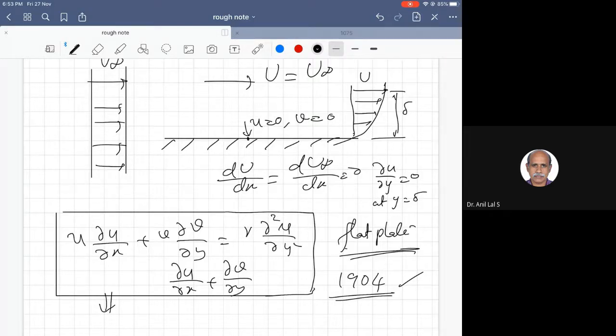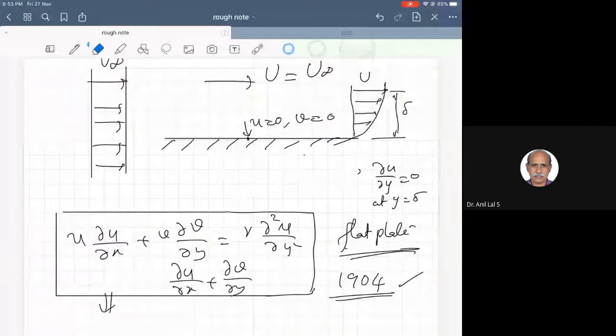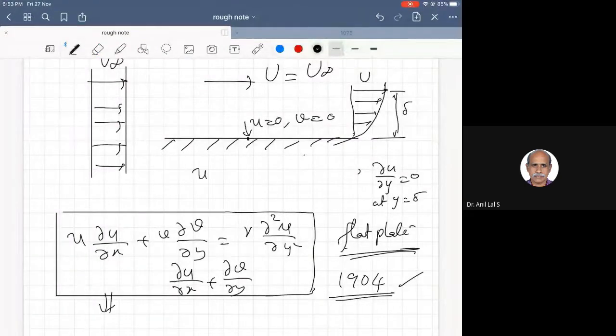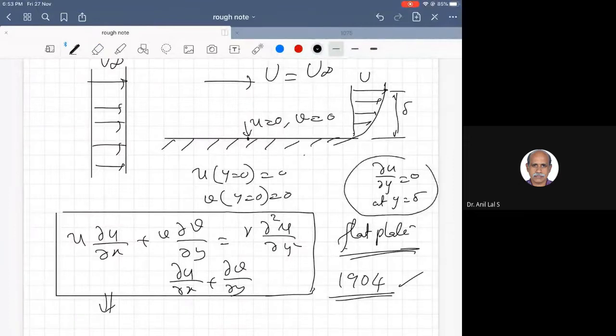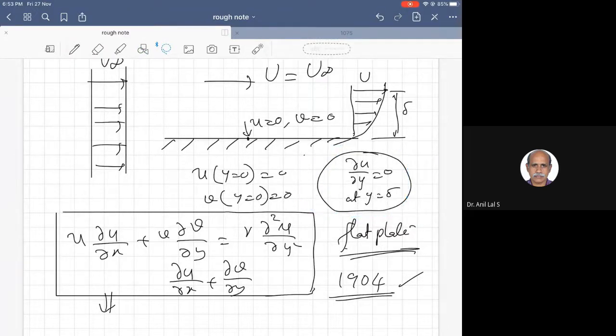That is another condition. So u at y equal to 0 is equal to 0, v at y equal to 0 is equal to 0, and dou u by dou y is equal to 0 at y is equal to delta. So these are the boundary conditions.